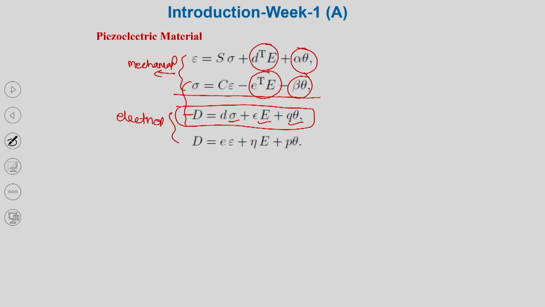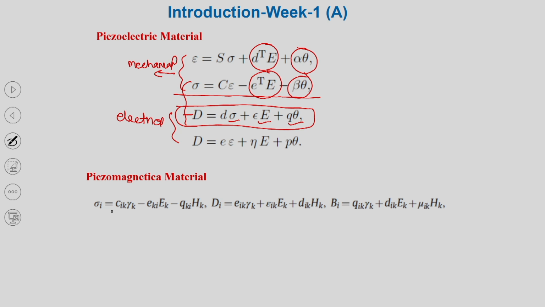If we talk about a kind of piezo-magnetic, in which mechanical, piezoelectric, magnetic and thermal are present, then the relation will look like this. You see that this is due to M for mechanical, E for electrical, MS for magnetic.